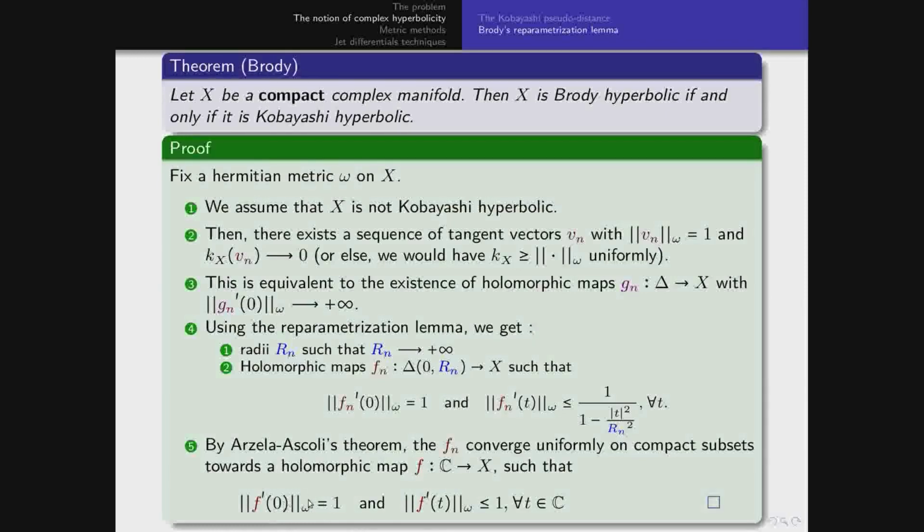So the first point tells you that f is not constant, so it's an entire curve, and you get that X is not Brody hyperbolic. And just let me tell you, for future reference, that a curve which satisfies this is called a Brody curve.